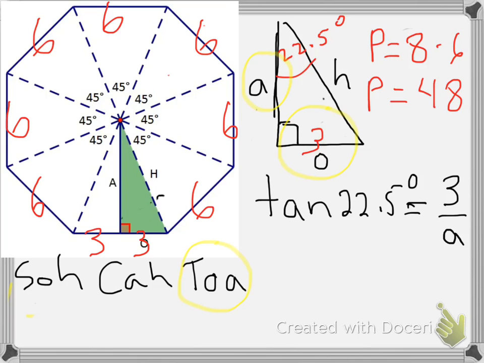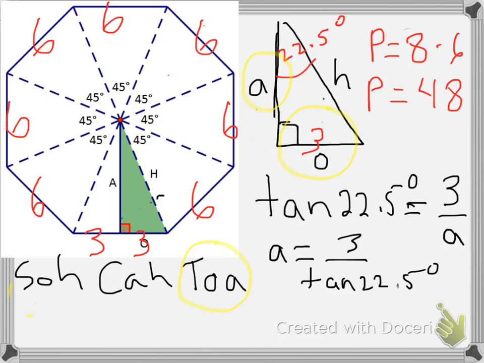So if I rearrange this, if I cross multiply and divide, I get A equals 3 divided by tan 22.5 degrees. So I get my calculator out, and we're going to type 3 divided by tan 22.5.